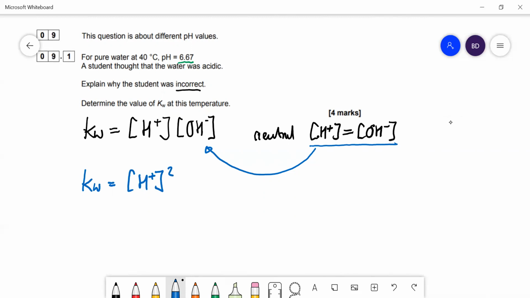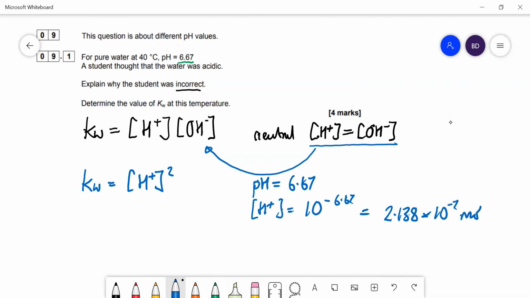Now we know that the pH is equal to 6.67. So that means the H plus concentration is equal to 10 to the power of minus 6.67, which is equal to 2.138 times 10 to the minus 7 moles per decimeter cubed.